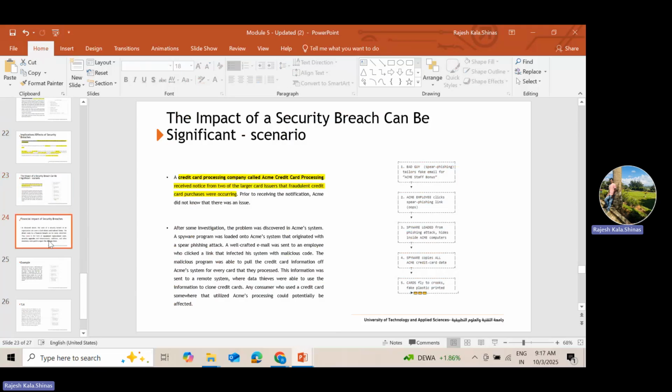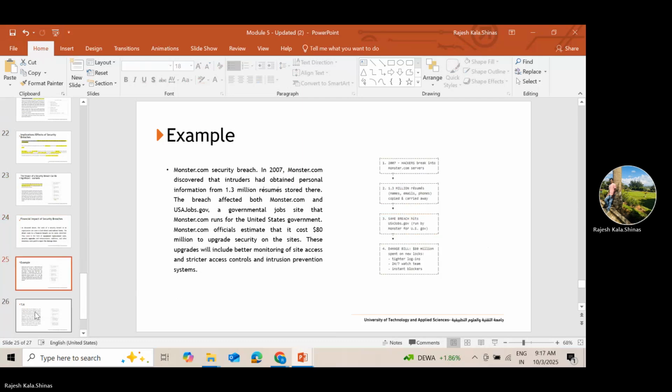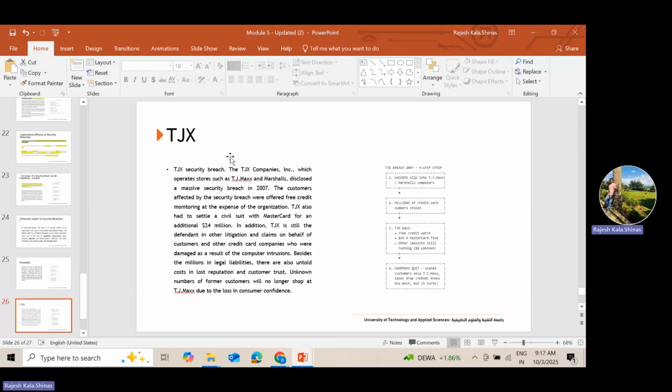The second one is TJX. This is a shopping store, operating a high-end shopping center. What happened? It happened in 2007. Hackers slipped into the TJ Maxx computers. We can shop for items from there.